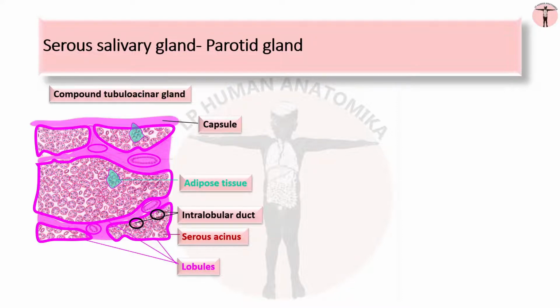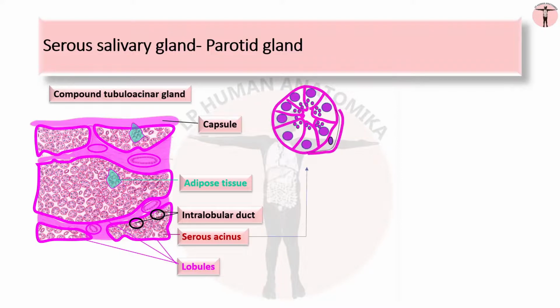As discussed earlier, the serous acinus consists of pyramid-shaped cells arranged around a small lumen. The spherical nuclei of these cells are located at the base of the slightly basophilic cytoplasm.